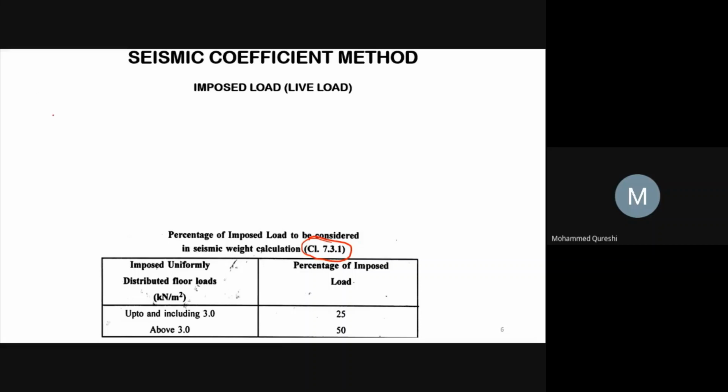And one most important thing, remember this: for calculating the seismic design force of any structure, the imposed load on the roof need not be considered. Remember this line.